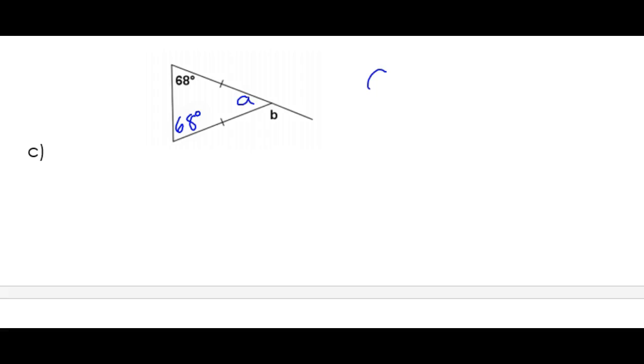So I can find out what A is by saying, well, I know that A plus the 68 plus another 68, or 2 times 68 degrees, will give me 180 degrees. Right?